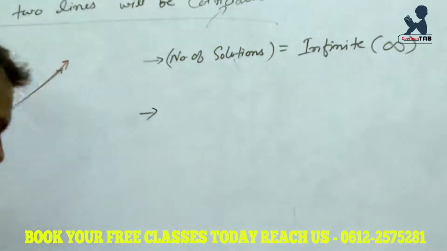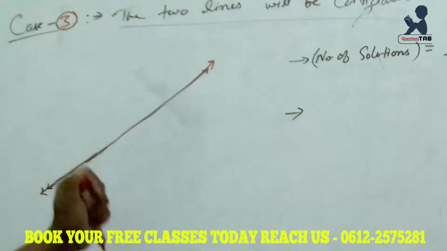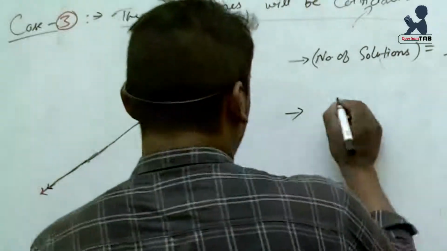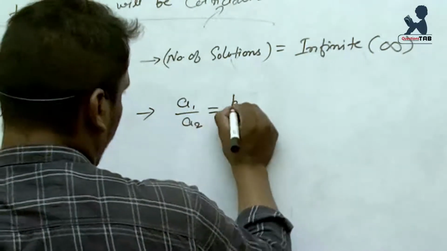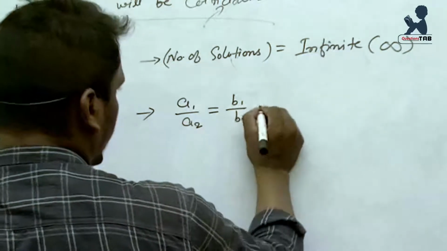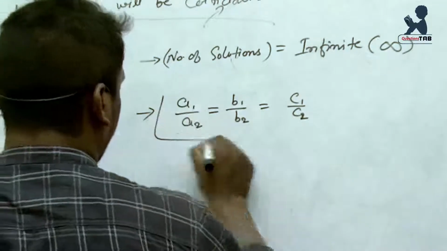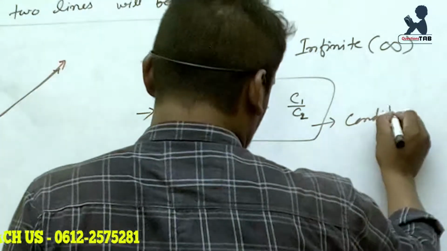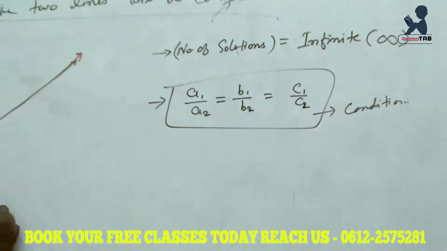And the condition under which these types of linear equations in two variables occur is a1 by a2 is equal to b1 by b2 is equal to c1 by c2. This is our condition. Let's take some examples.